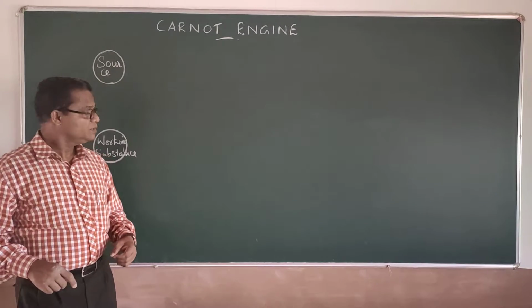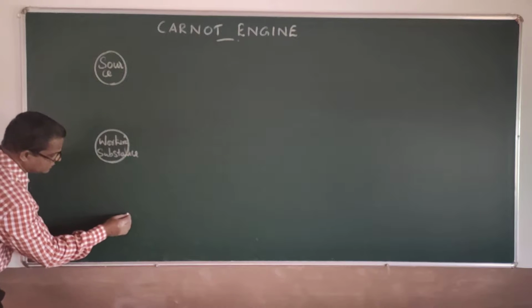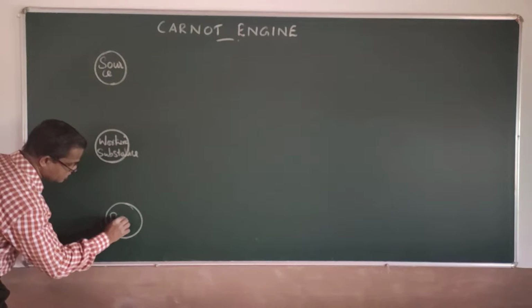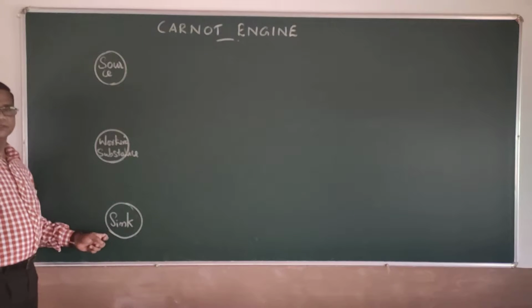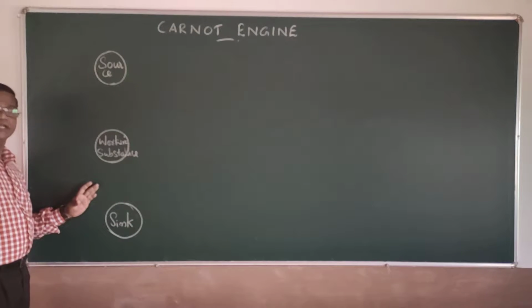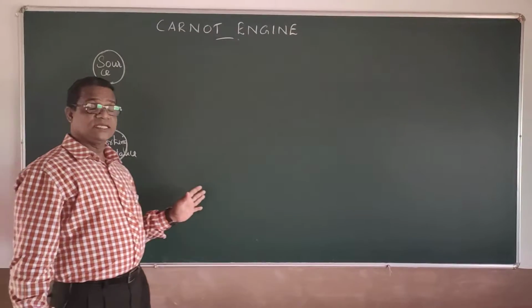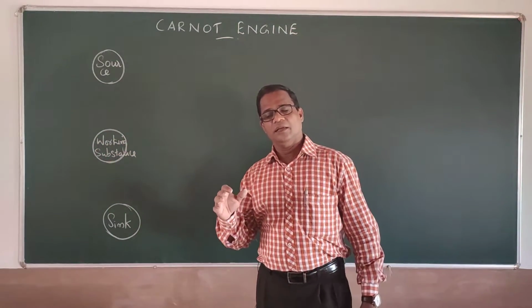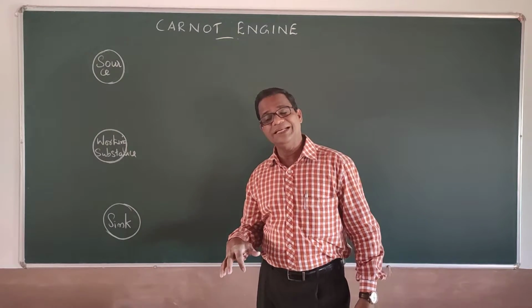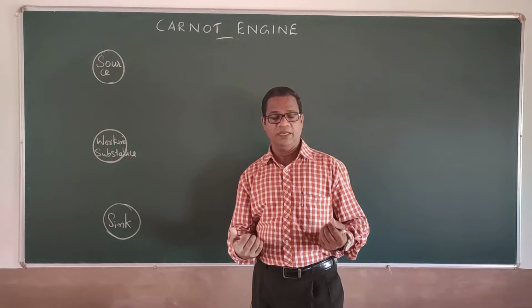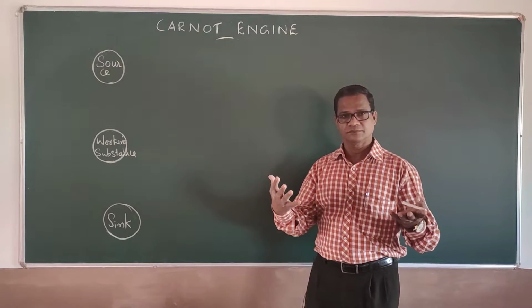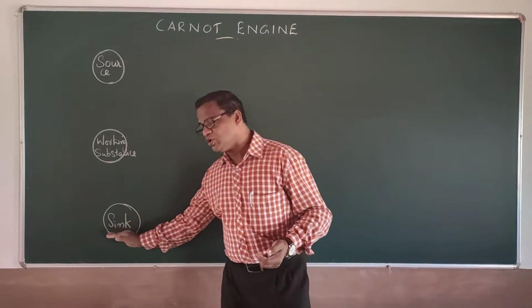And the third one is the heat sink. The heat sink is a very important portion of a heat engine. It is a reservoir that can absorb any amount of heat without its temperature increasing, because it is such a low energy state.